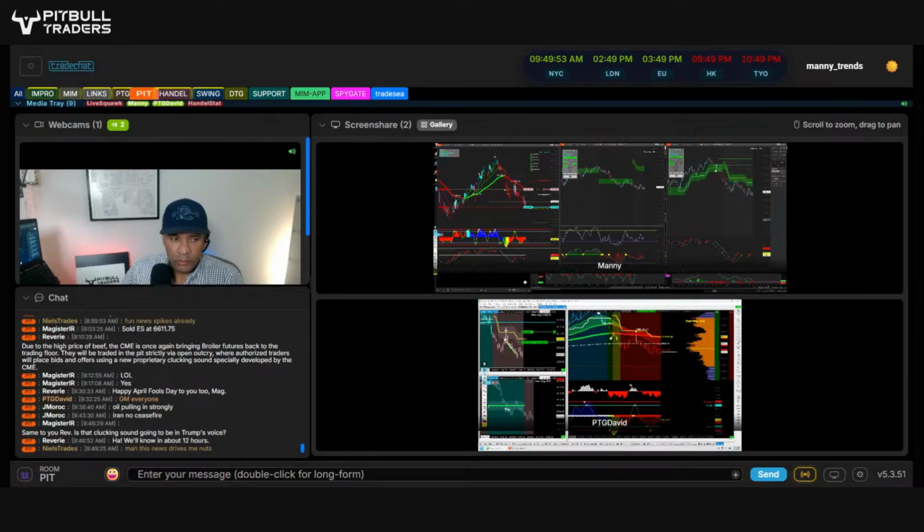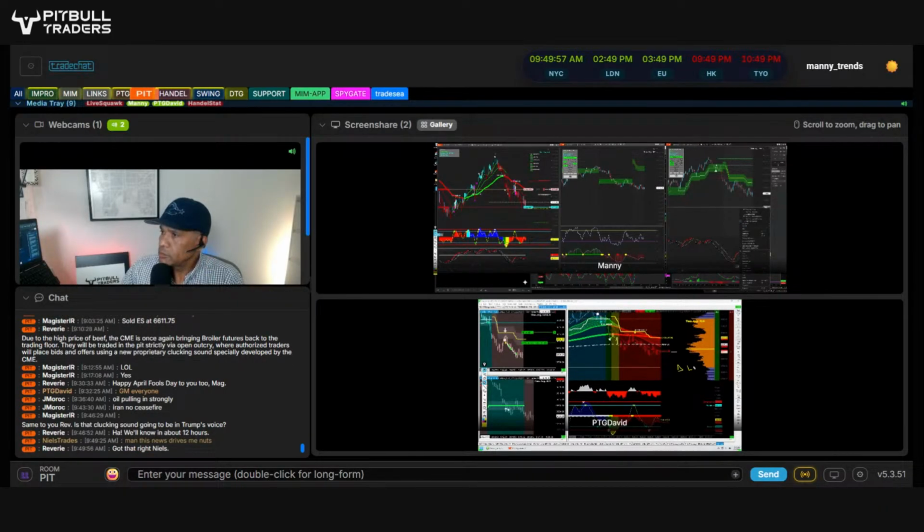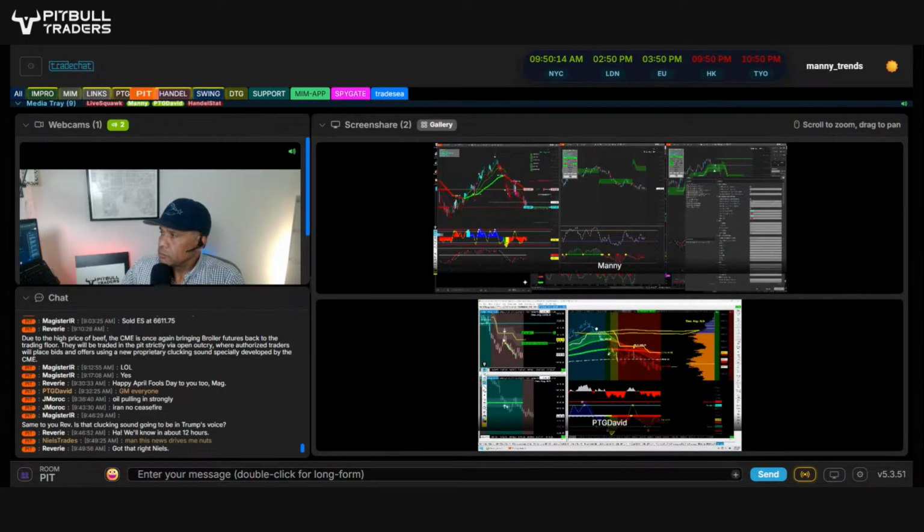Again, areas like we were talking about, the values. So this is your developing lower value down here on the 90s. So again, you anticipate some sort of response in that area. You can see here, we got slightly above the value. You're talking about look above and look below and fail. You can do the exact same thing when you're referencing a level such as the value high or value low.